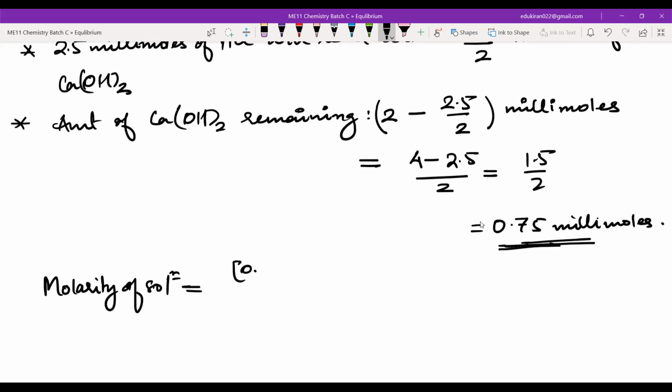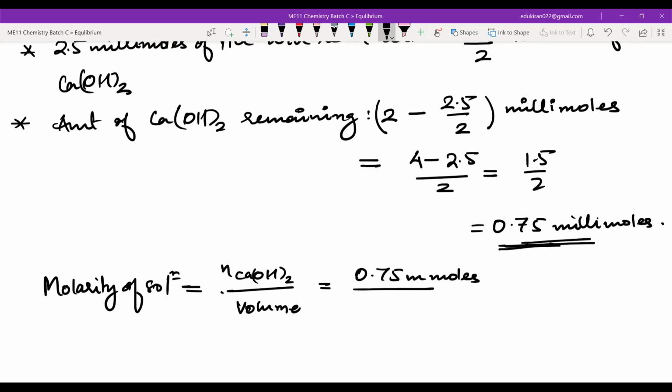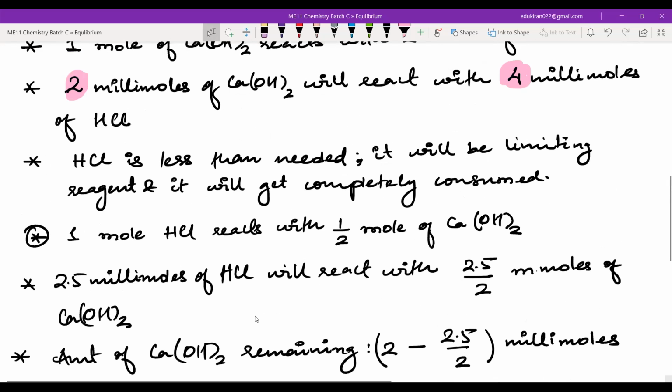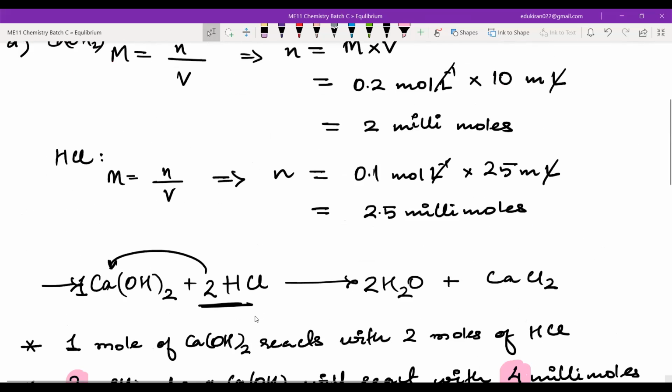Let me write it like this. The number of moles of Ca(OH)2 divided by total volume. Now, how many millimoles are present? 0.75 millimoles of Ca(OH)2. And when you write the volume, you should be careful, because we are adding 10 and 25.